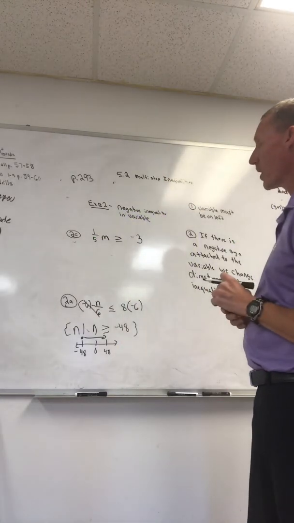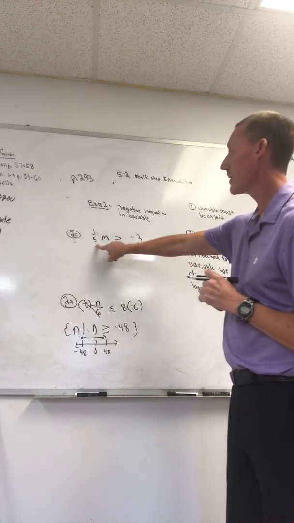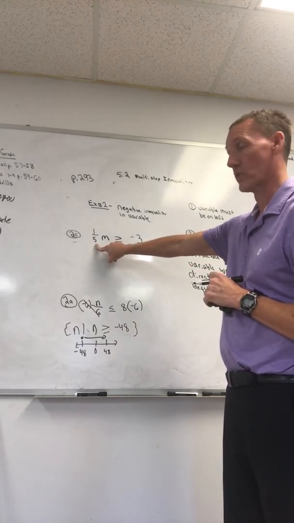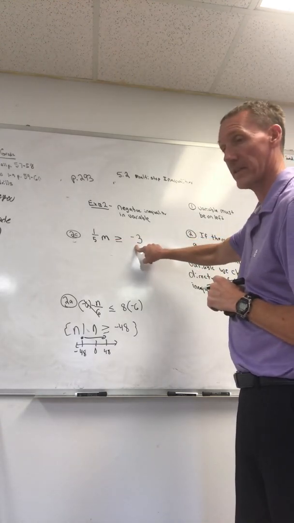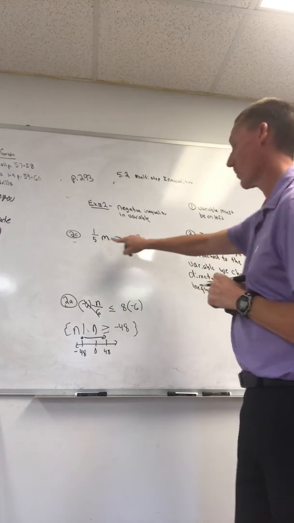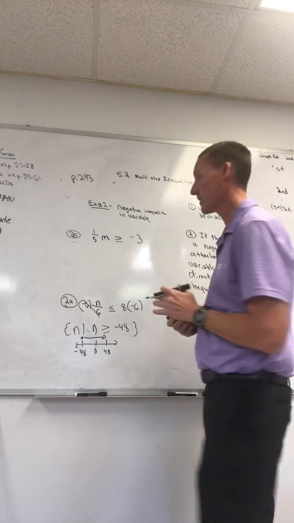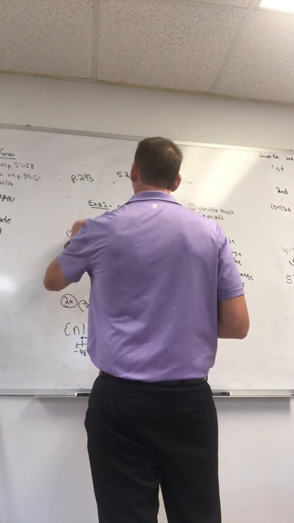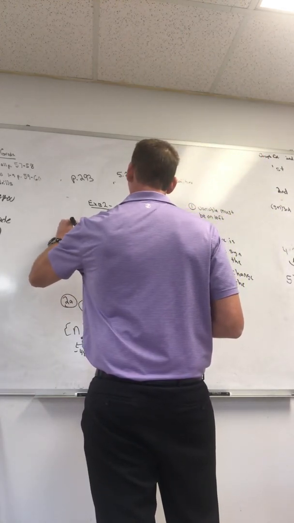All right, for this problem, is there a negative attached to the letter? And the answer is no. The negative is on the integer, but not the one attached to the variable. It's on the left, so I don't change signs. I just simply flip it.